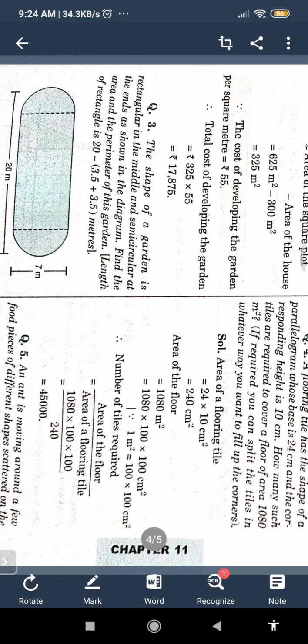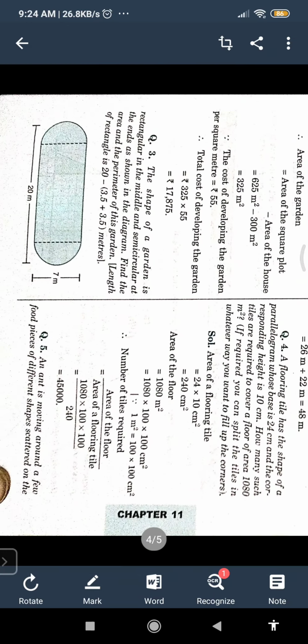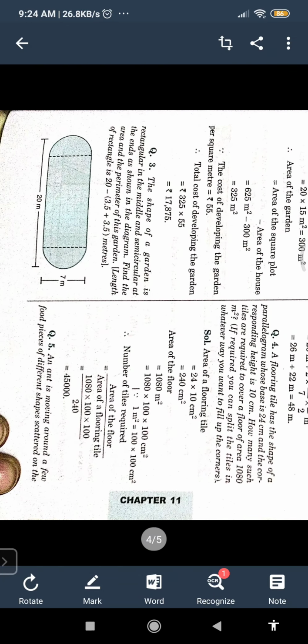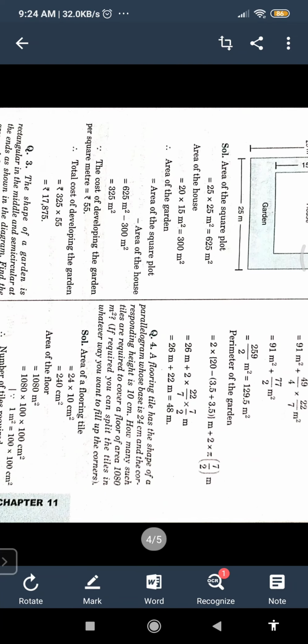Here length is given in brackets. Length of the rectangle is 20 minus 3.5 plus 3.5. Then we can find the length of the garden. This instruction is given in the question. Use this instruction and we can find the answer.